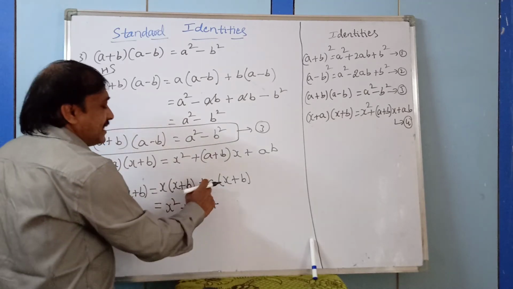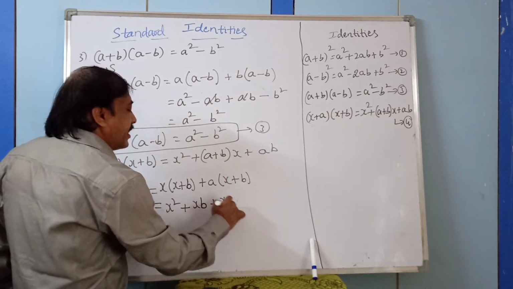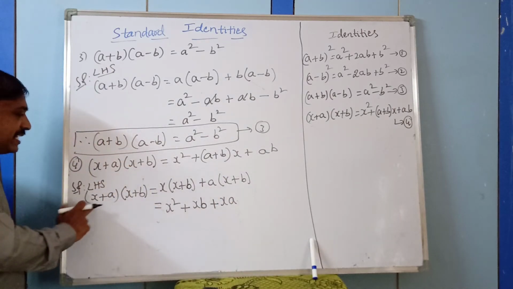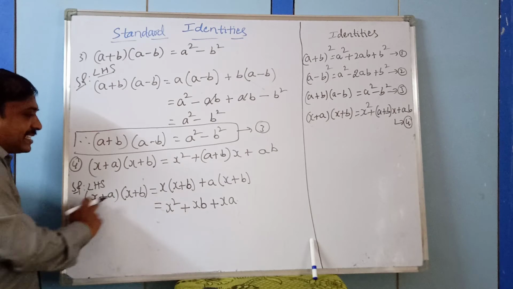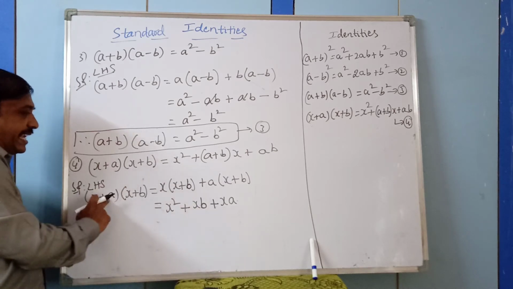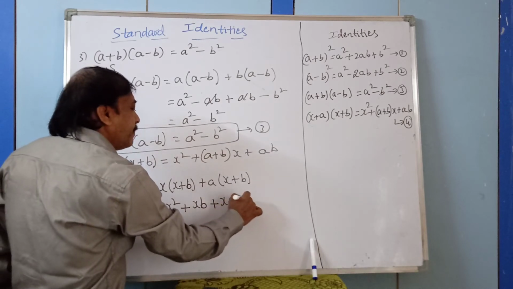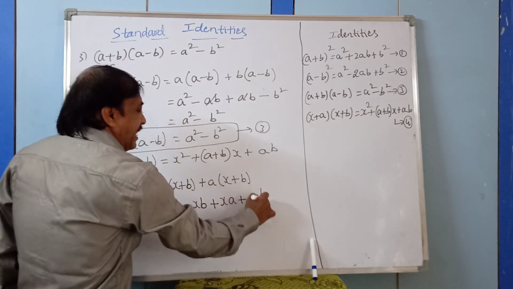Next, plus a into x, or you can write as ax or xa, anything you can write. See, x into (x + b) plus a into (x + b). So a into x, xa, plus a into b, ab.